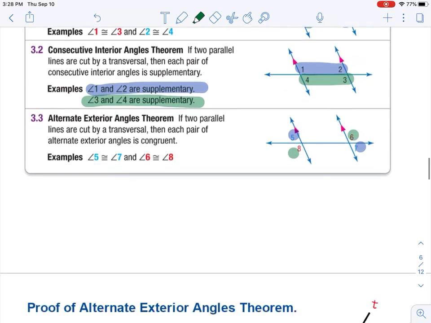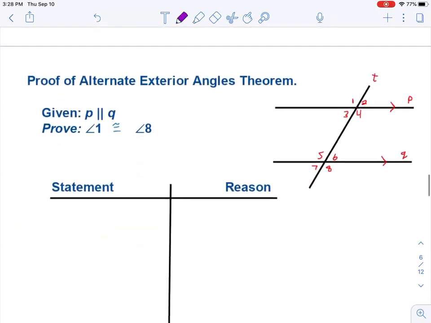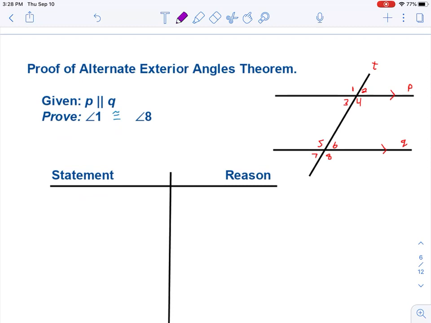So let's try some. Oh, let's try a proof first. So this is our first proof. Because we skipped chapter 2, I'm not going to expect you to do this proof on your own. We'll just walk through it together. Notice I always label my statements and reasons so I know which statement goes with which reason. We always start with our given. P is parallel to Q in this case.